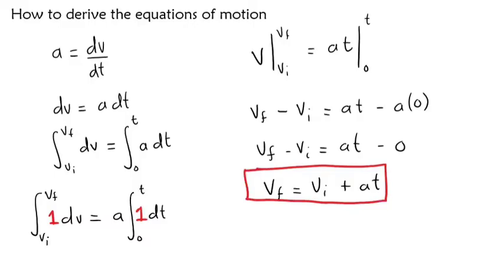That's the first equation. To derive the second one, this is what we're going to do. We know that velocity is equals to change in displacement over time, right? If I cross multiply, this will give us dx is equals to v dt. I have an expression for v, by the way.